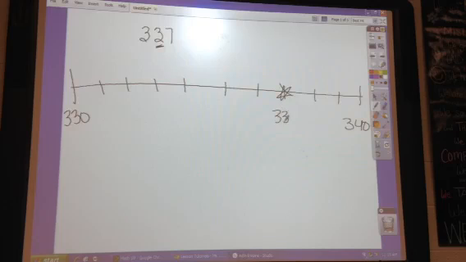And we could mark where 337 was. You notice I didn't put all of the numbers on the number line, but you heard me count forward and find exactly where it was. And the students would say, oh, 337 rounds to 340 because it is closer to 340 on a number line.